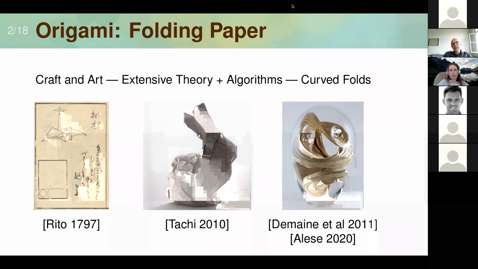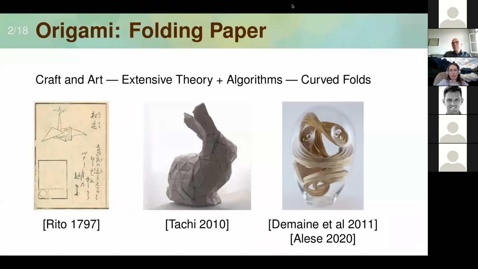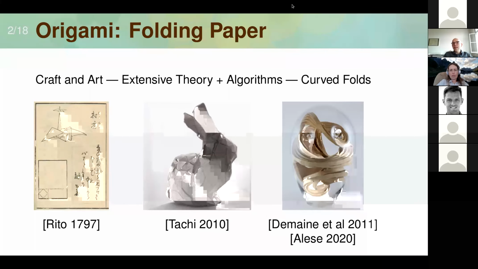There are developments in folding paper, and one of them is curved folds. I'm showing here a sculpture by the two Demaines, by Erik Demaine and his father. What they have been doing is drawing two concentric circles and considering the annulus-shaped domain in between. They do ridge and valley folds along those concentric circles.